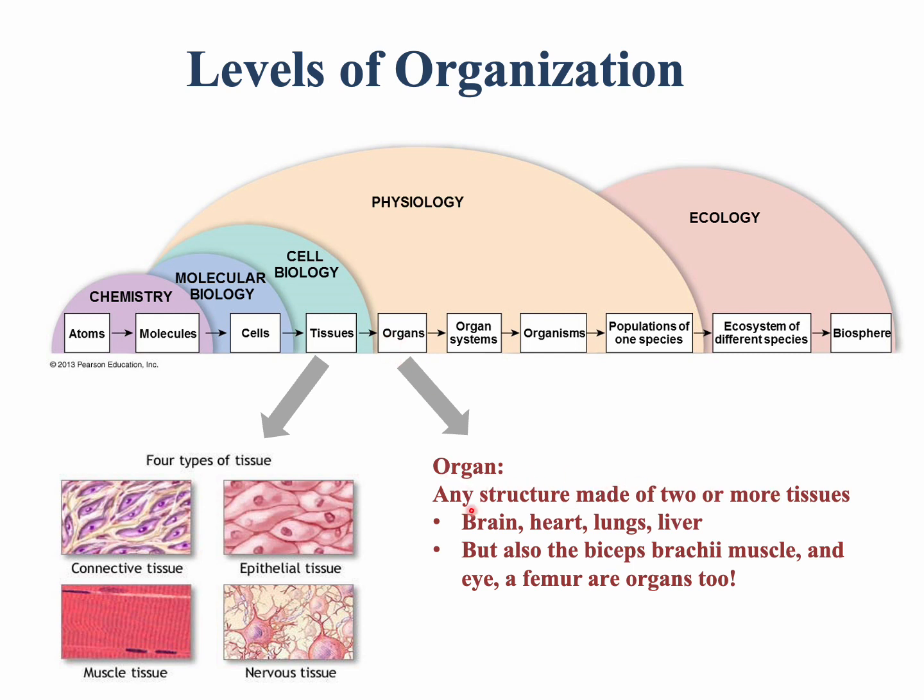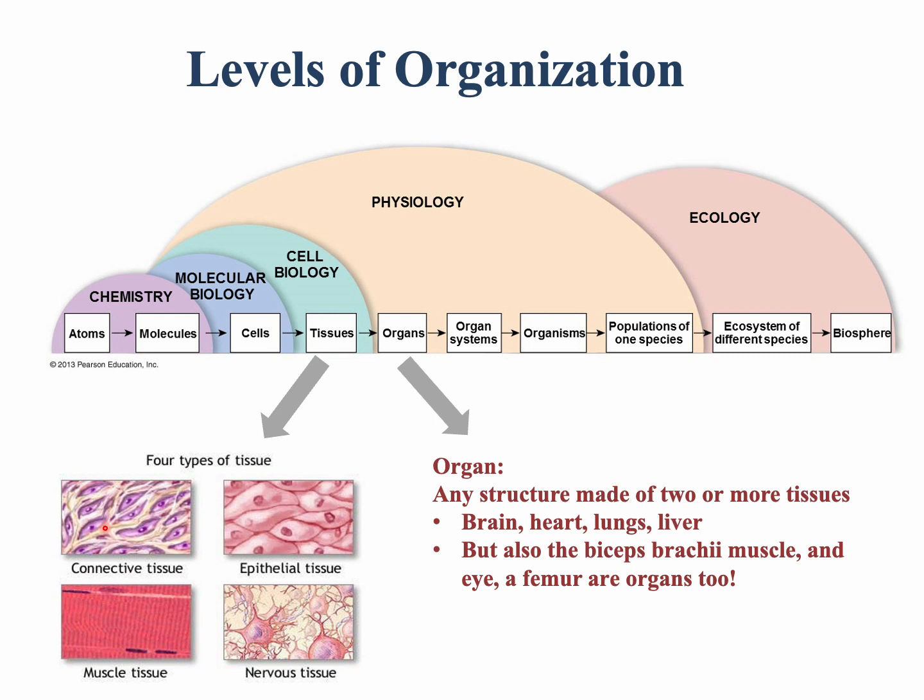So for example, the brain is an organ, the heart is an organ, the lungs are an organ, the liver is an organ. But then this one sometimes throws people off. The biceps brachii muscle is actually an organ, okay? Because it's made up of muscular tissue, it's made up of nervous tissue, it's made up of connective tissue.